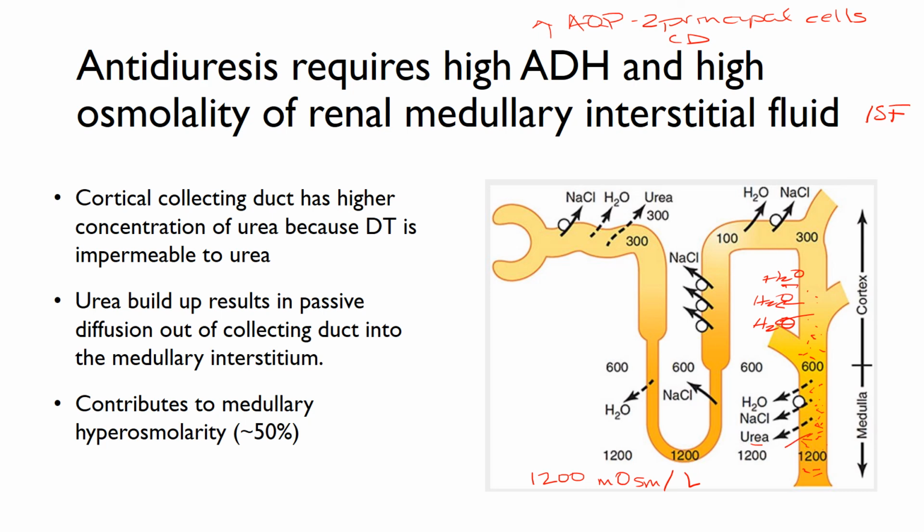Urea passively moves down its concentration gradient from the collecting duct into the interstitial fluid, and it will help drive up that hyperosmotic medullary area to its maximum of 1200 milliosmoles per liter. Furthermore, this is going to kick into urea recycling, where your urea gets picked back up by the loop of Henle and circulates back around and does it again to help maintain that very high osmotic gradient.